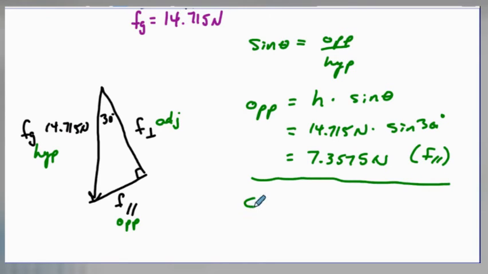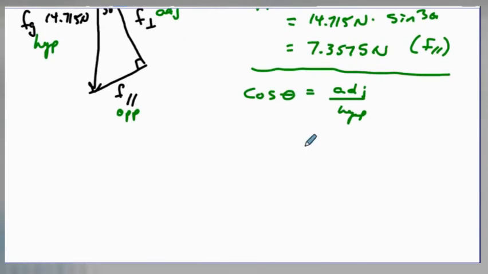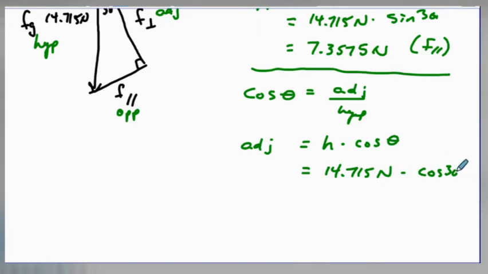I can do the exact same thing with the cosine of theta. That equals the adjacent over the hypotenuse. And that'll tell us that our adjacent side is the hypotenuse times the cosine of our angle. Once again, that's 14.715 newtons times the cosine of 30 degrees. And that's going to give us a value of 12.744 newtons.